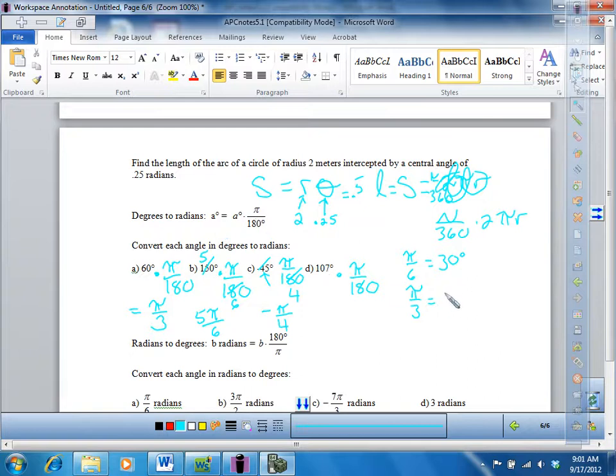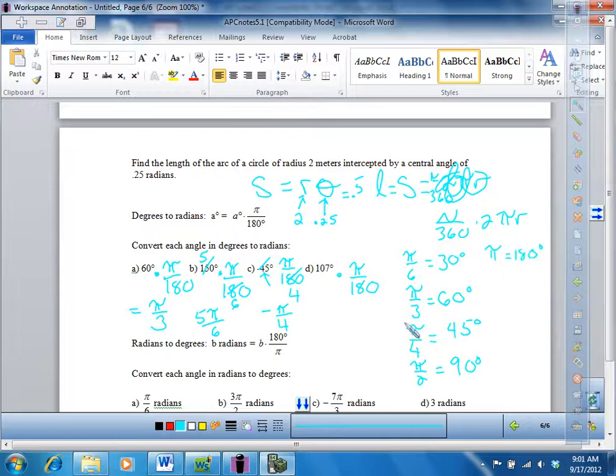Then there are 60 degrees. Pi is the same as 180 degrees, okay? Pi over 4. What's 180 divided by 4? 45. 45 degrees. Pi over 2 is 90 degrees. And pi is 180 degrees.